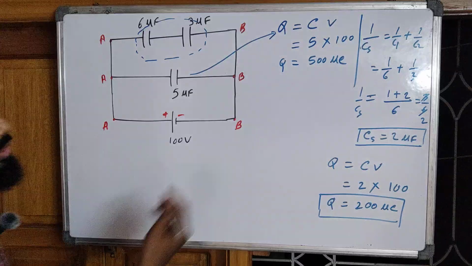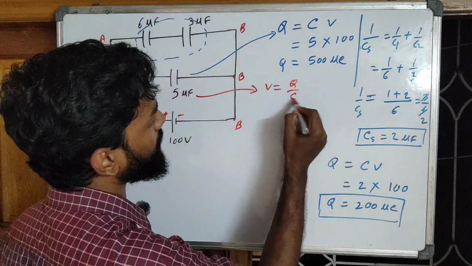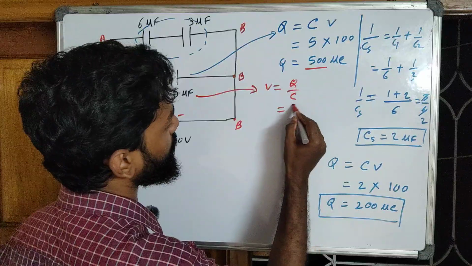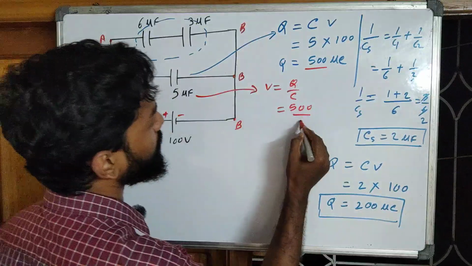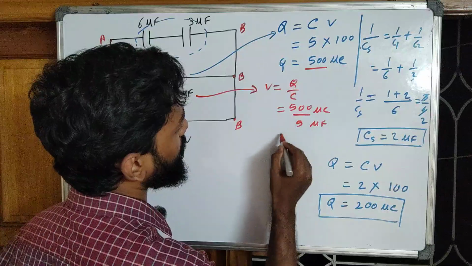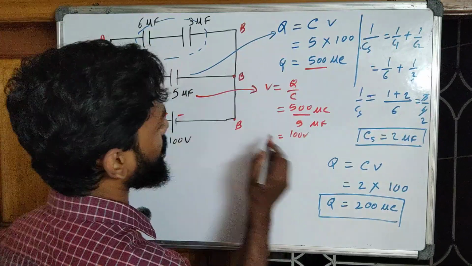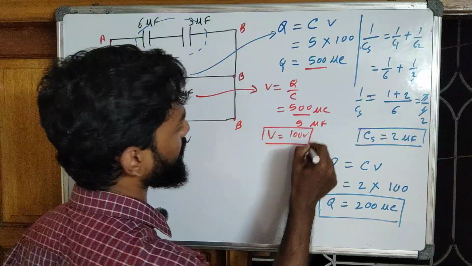Or you can do V equals Q by C. Q is 500, C is 5 microfarad, the microunits cancel out, and 100 volt is the voltage across this branch.